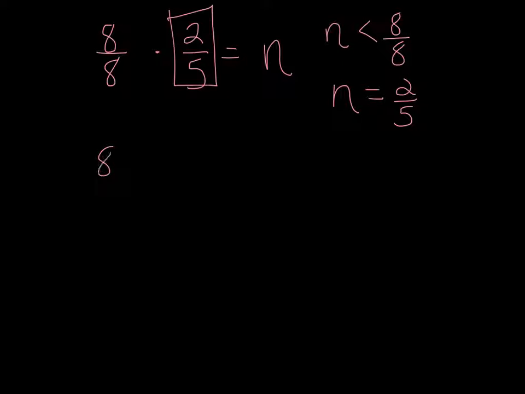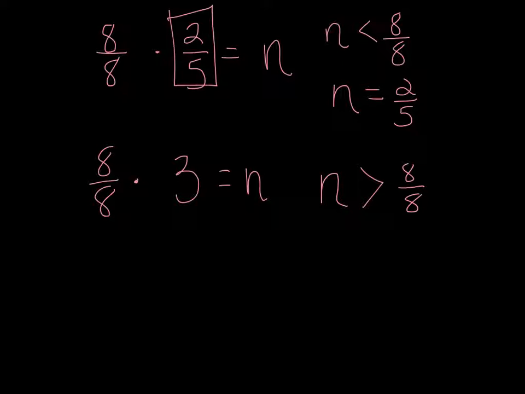But if I changed that to 8/8 times, say, 3, well, in this case now, n is going to be greater than 8/8, because the other factor is greater than 1, or greater than 8/8. But n would still be equal to 3.